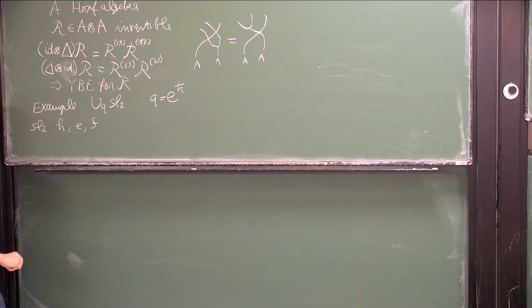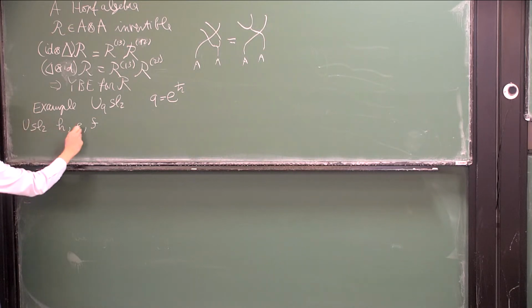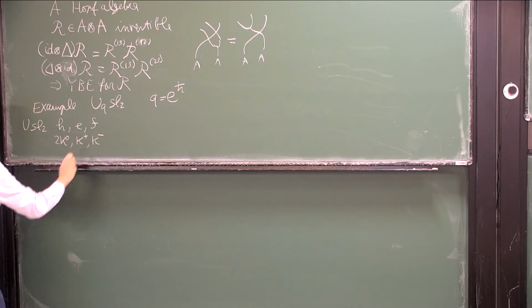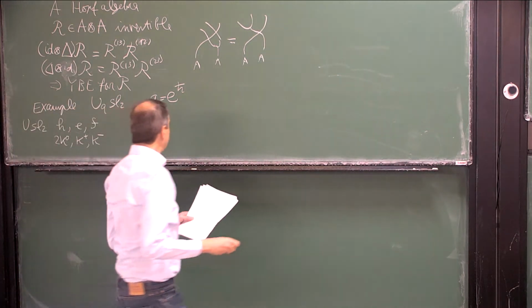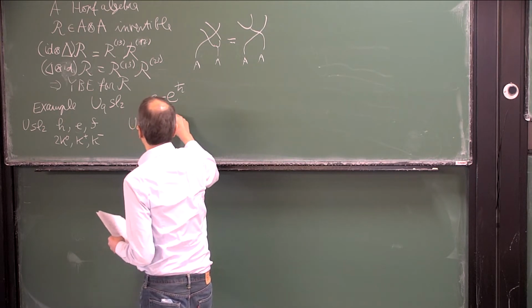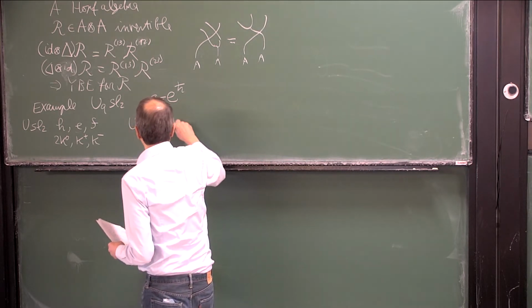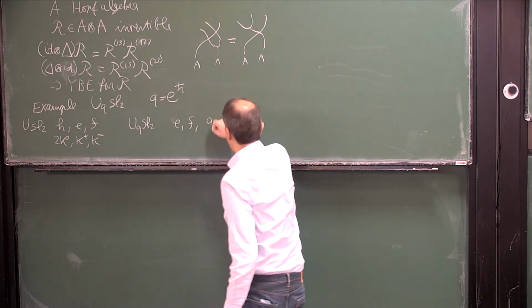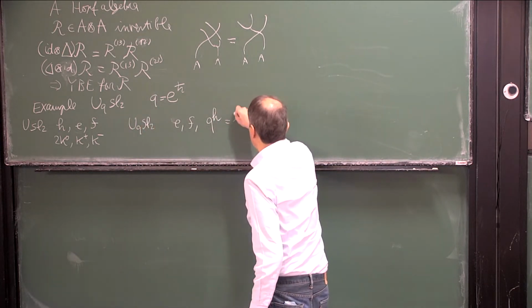In the SL2 generators, or maybe U of SL2, you have what some call K plus, K minus, and 2K0, which obey the standard commutation relations. You want to deform them. So in U_q of SL2, we have generators E, F as before, and then q to the H, which is called K.